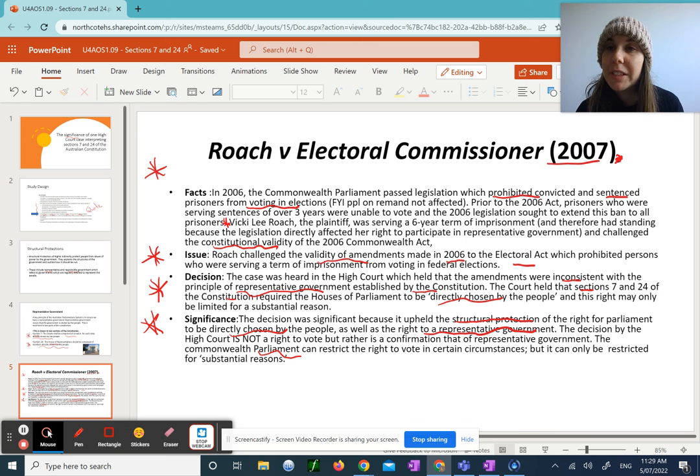So, but only for substantial reasons. So they thought it was substantial enough that if you've been in prison for longer than 3 years, you probably harmed Australian society in some sort of way, and therefore that was significant enough to restrict the right of those people to participate in representative government. So that's kind of the case that looked at Section 7 and 24.